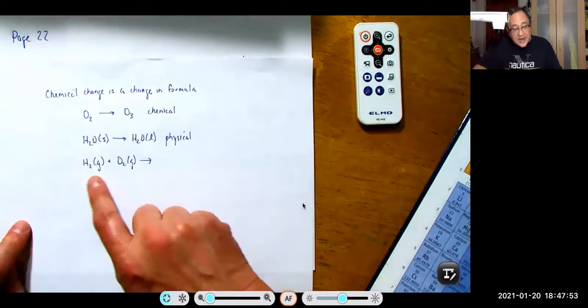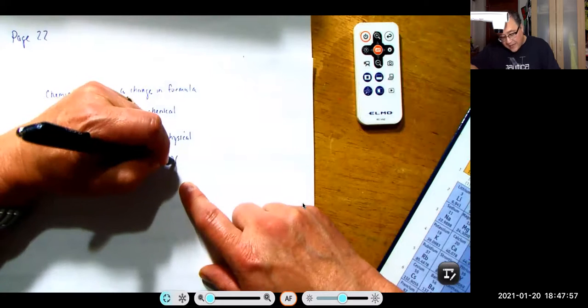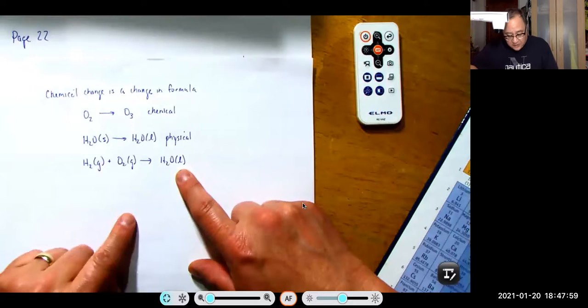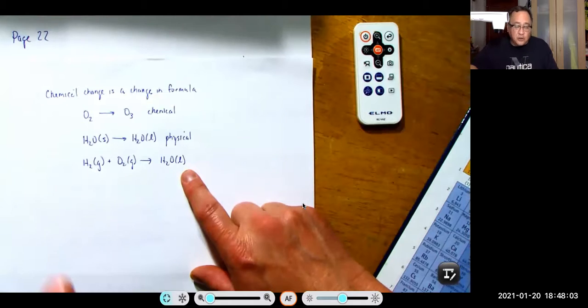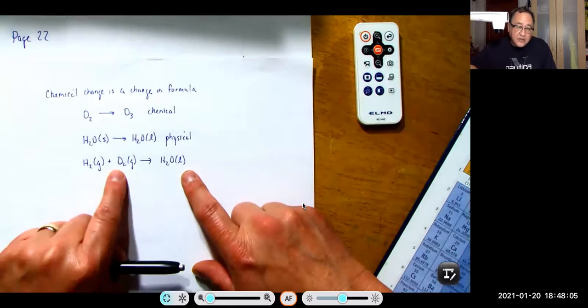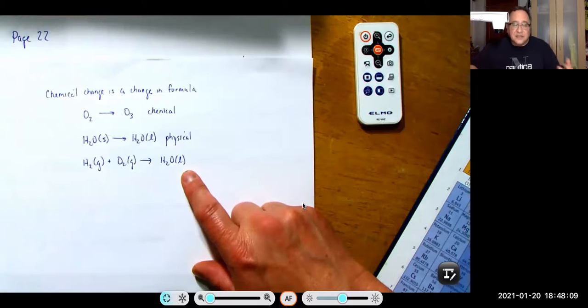So this is hydrogen gas and oxygen gas, and you can make H2O, liquid. So based on what I just told you, is this a chemical change or a physical change? Take a moment, answer it, give an explanation, and then I'll tell you if you're right.